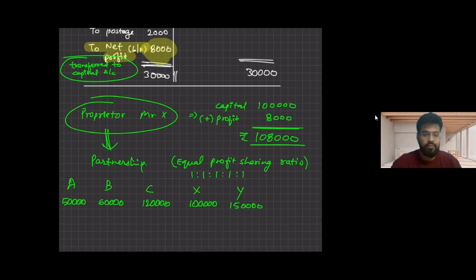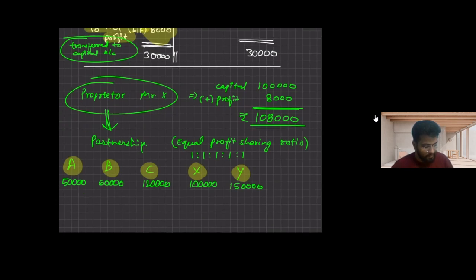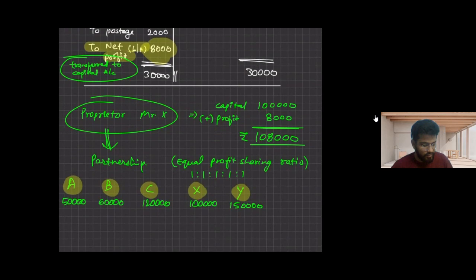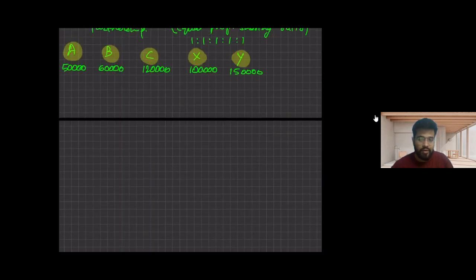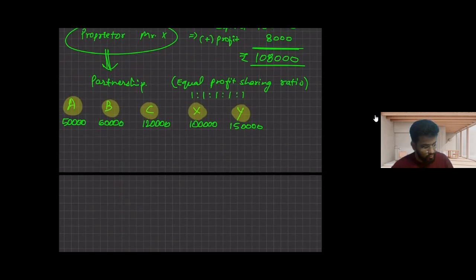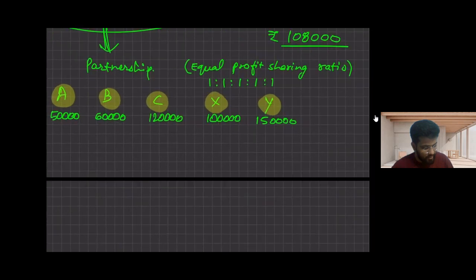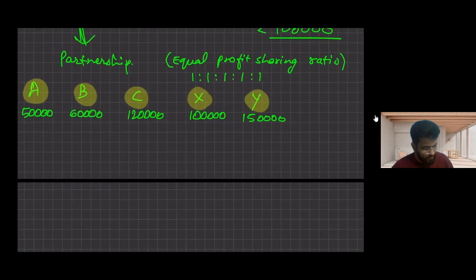So this 8,000 should be divided among A, B, C, X, and Y. Each person gets 8,000 divided by 5, that is 1,600 rupees each. So I will add 1,600 to the capital of each partner.